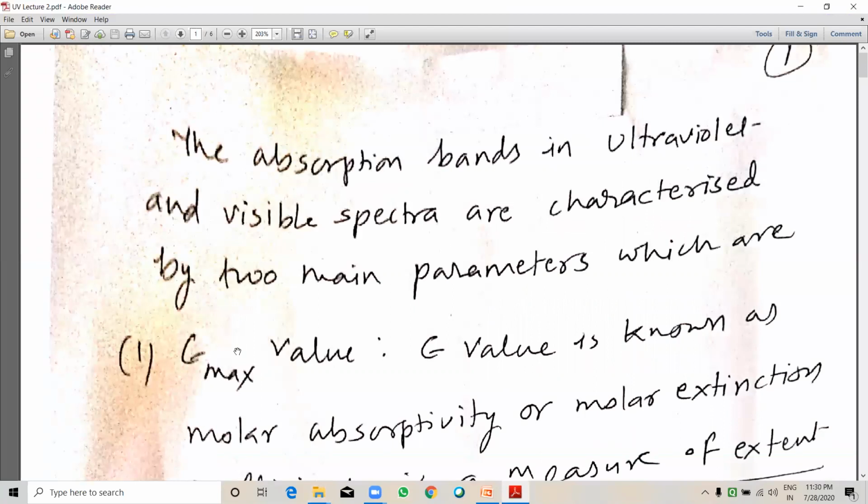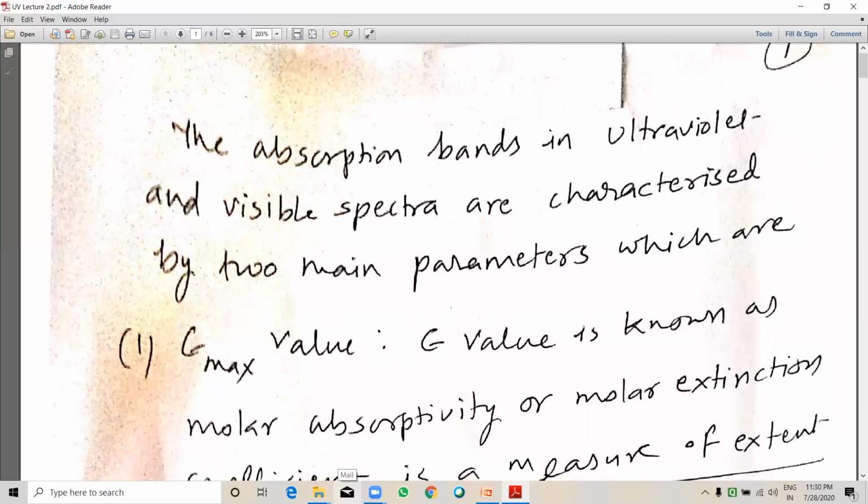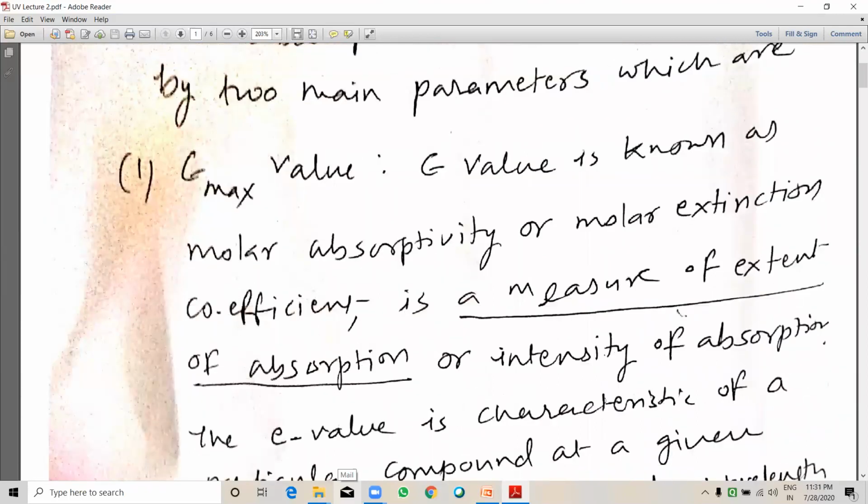The absorption bands in ultraviolet and visible spectra are characterized by two main parameters, one of which is the epsilon max value. Epsilon's value is known as molar absorptivity or molar extinction coefficient.